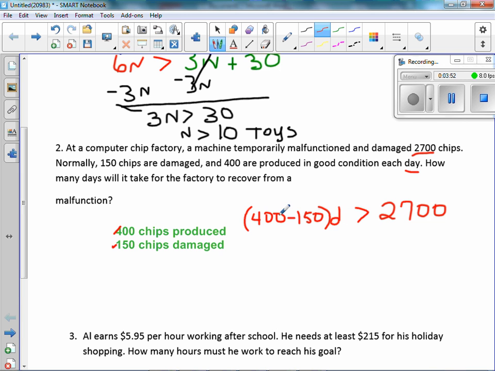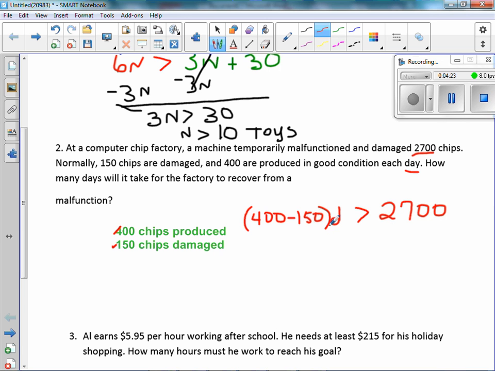So how long is it going to take for the factory to recover from the malfunction? So we've got the damaged and the good. We're going to subtract them to get the good chips. So how many days is that going to take? So the inequality is 400 minus 150 times D is greater than 2,700.